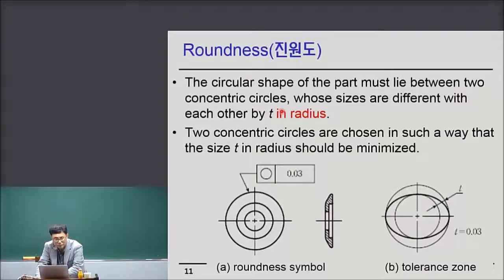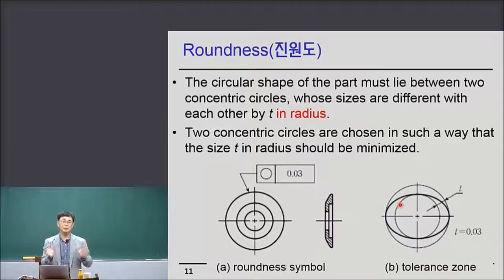But when two concentric circles are chosen, there are so many concentric circles which can enclose this circular shape. There are so many combinations, right? If you change the center of the two concentric circles, then you can generate other two concentric circles which enclose this true shape.